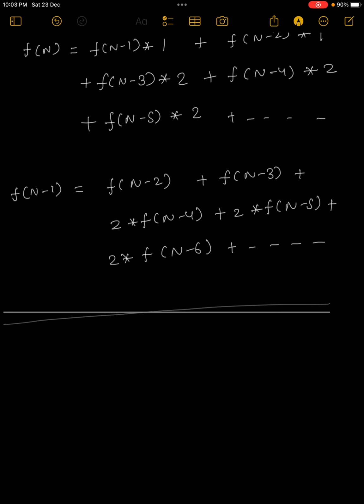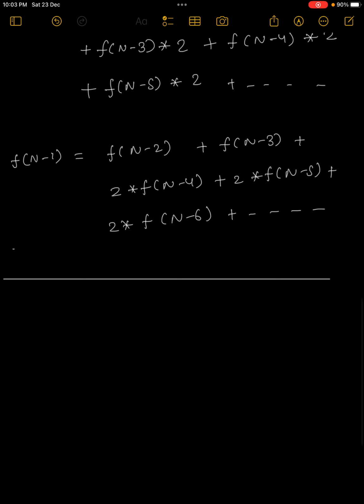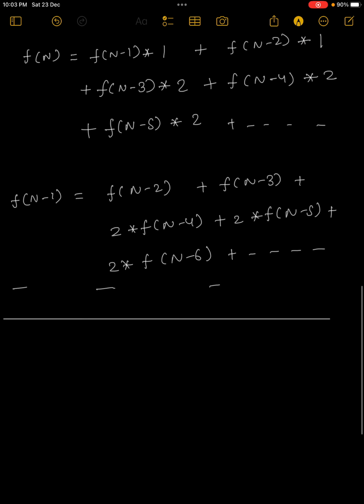What if we subtract these two equations? If we subtract them, what will happen? The n minus 2 term will cancel out, n minus 4 will cancel out, n minus 5 will cancel out, and f of n minus 6 will also cancel out. Then what will remain?